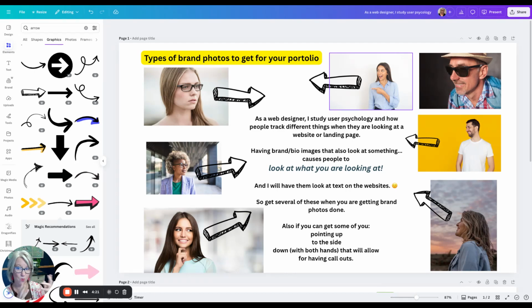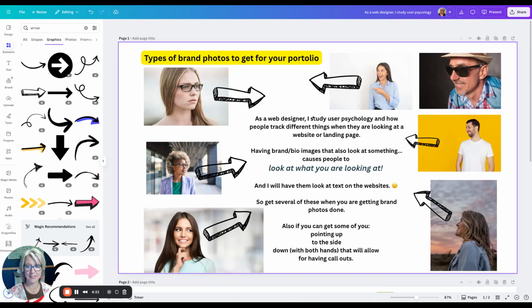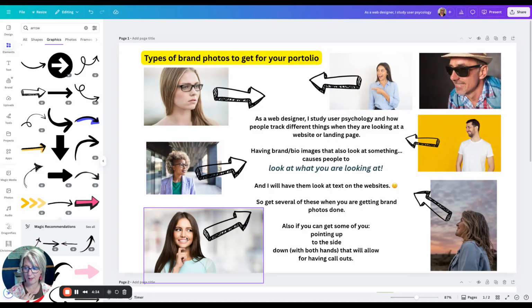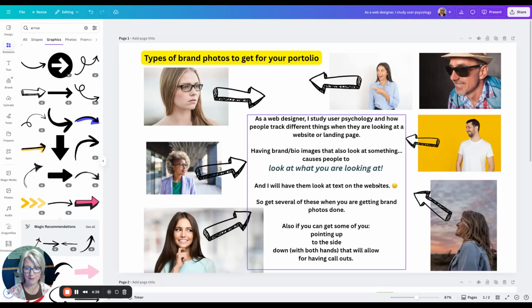If it's the text on the image, whatever it is, guide your user without saying a word to look at what you want them to look at. So these are some good examples of guiding your user to look at something else after they've seen you.